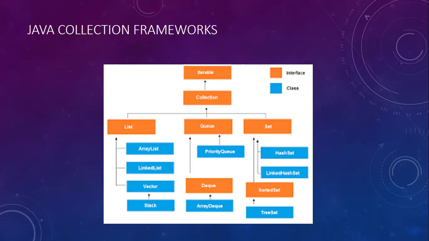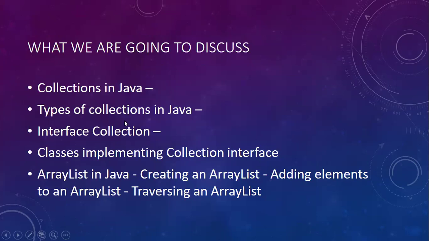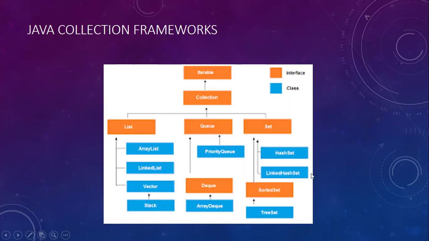We already know that whatever class implements a particular interface needs to either override all of its methods or be made an abstract class, but these classes are not abstract. So in that scenario, all the methods available in the List interface are applicable for ArrayList, LinkedList, Vector, and Stack.